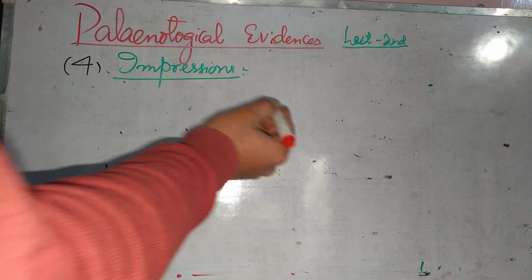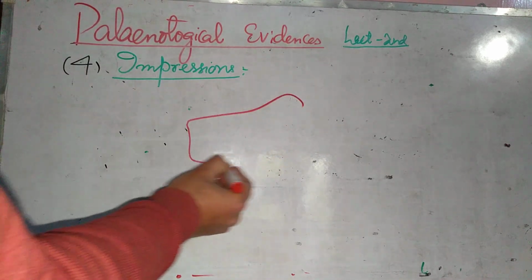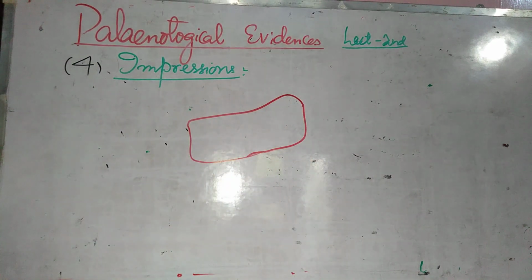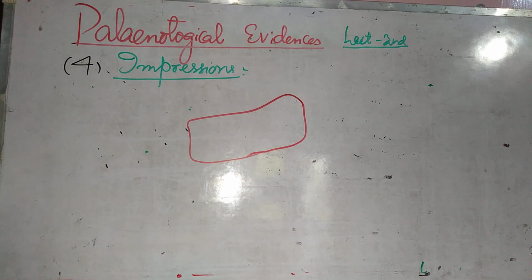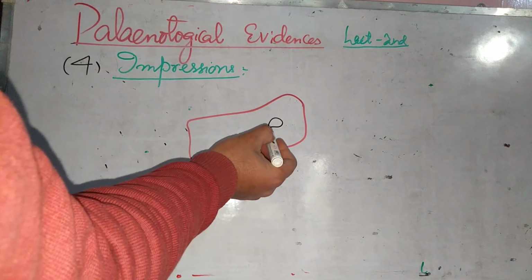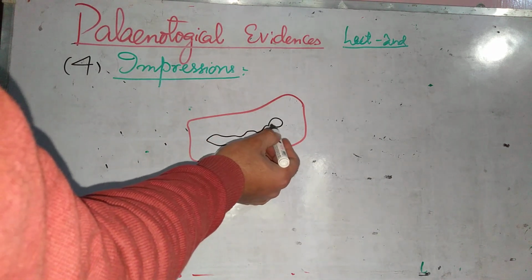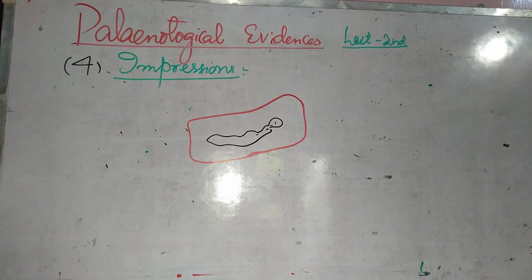For example, I may draw over here. This is a hard rocky matter, and in this hard rocky matter we see an animal which had died in the remote past.